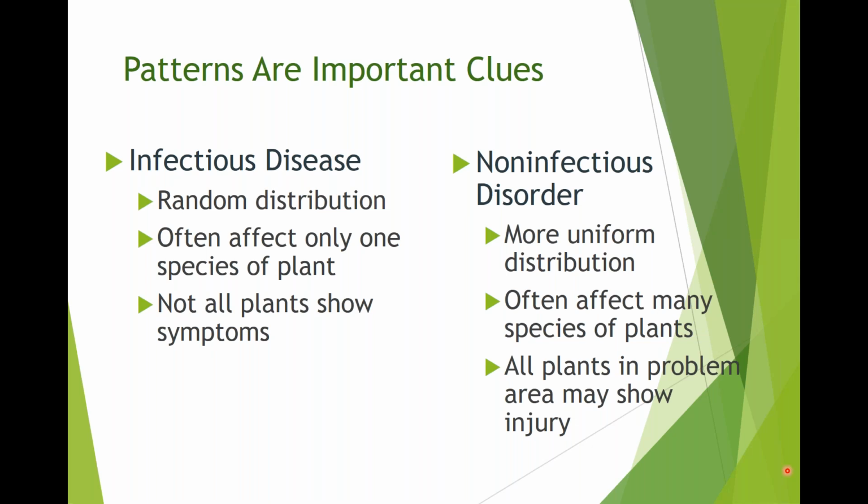And oftentimes, all the plants in an area may show injury. And it can show up within a few days of the actual episode of stress, either weather or cultural practices. So in general, infectious disease is more random in distribution, and non-infectious disorders tend to be more uniform.